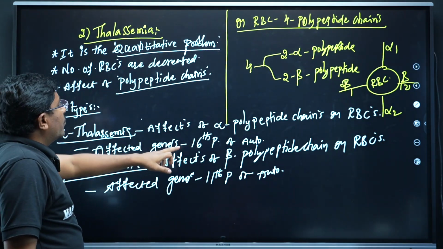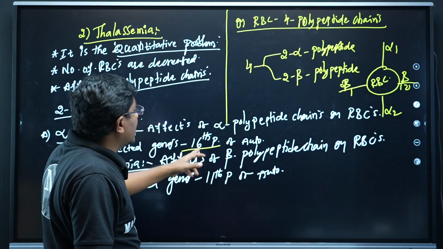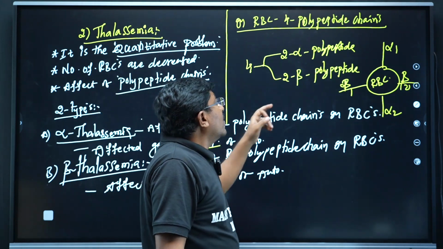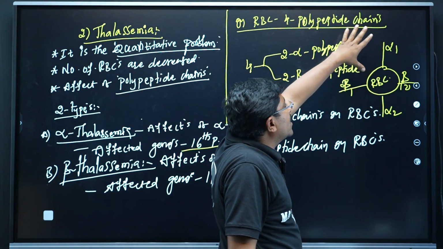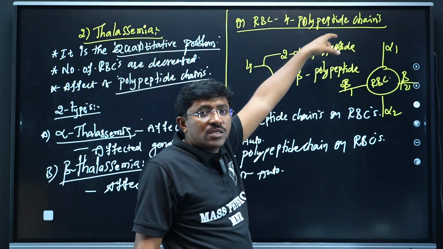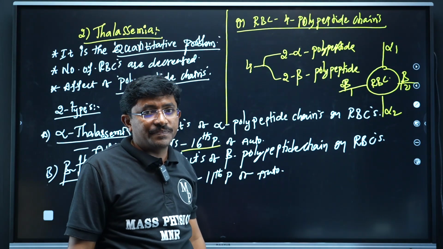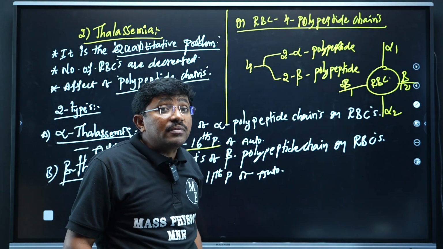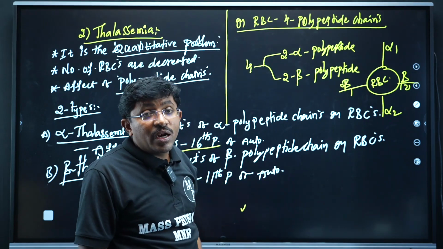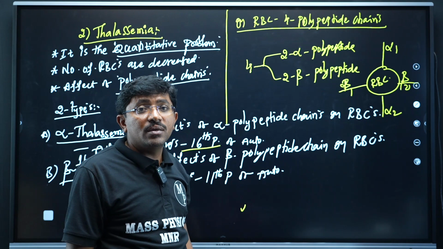See, whenever the genes on the 16th pair of chromosomes are affected, the alpha chain production becomes affected. That's why in this person's RBC, the alpha polypeptide chains cannot be synthesized. Thereby, more beta polypeptide chains are produced on the hemoglobin.